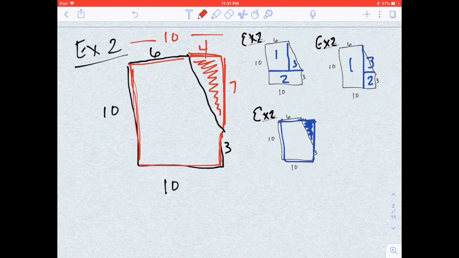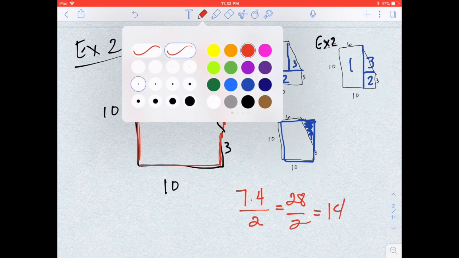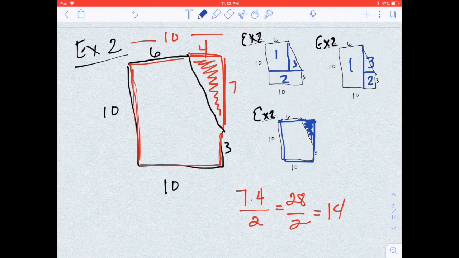So to find the area of a triangle like the one I created, I'm going to do 7 times 4, my base and my height, divided by 2, which gives me 28 divided by 2, which gives me 14. So this is 14. So that's a piece I added though.